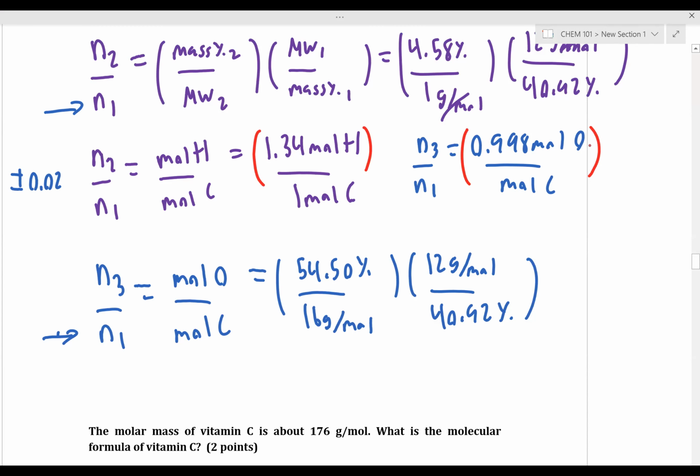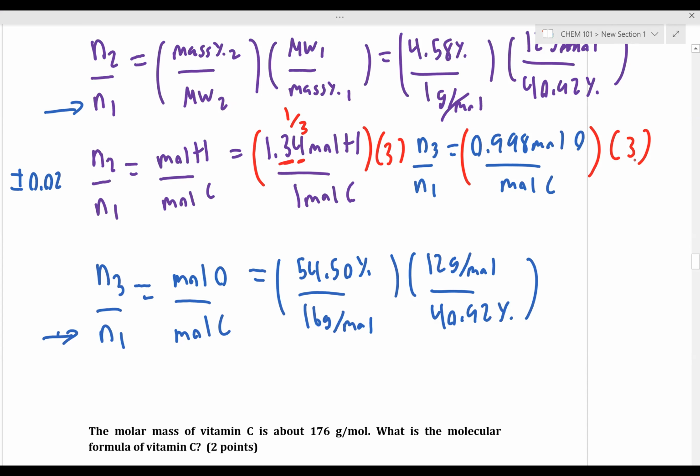So then, we need to get a whole number out of this. What do we need to multiply both of these decimals by to get a whole number? I see this 0.33. This 0.33 corresponds to what fraction? 1/3, right? So what do I need to multiply 1/3 by to get rid of that fraction? 3, exactly.